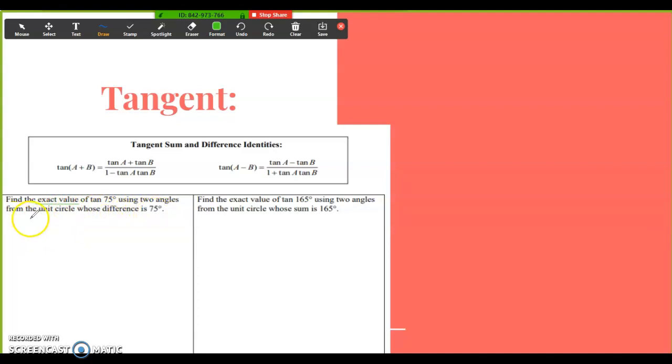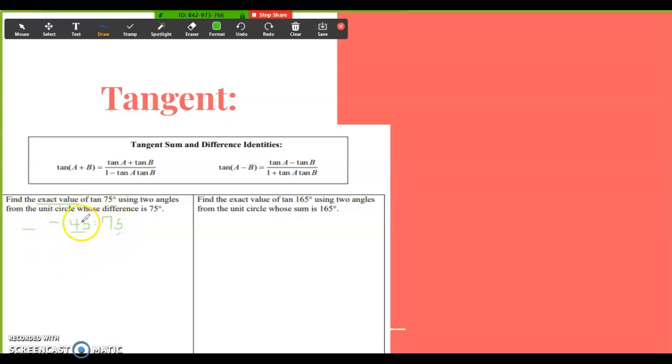So we just did this. I'm looking for two angles. If I subtract them, it gives me 75 degrees. Now, as Miss Bennett said, when you see that 5 at the end, you know one of your angles is going to be 45. In this case, it's going to be my smaller angle because I need to subtract 45 from something and still end up with a big amount, 75.